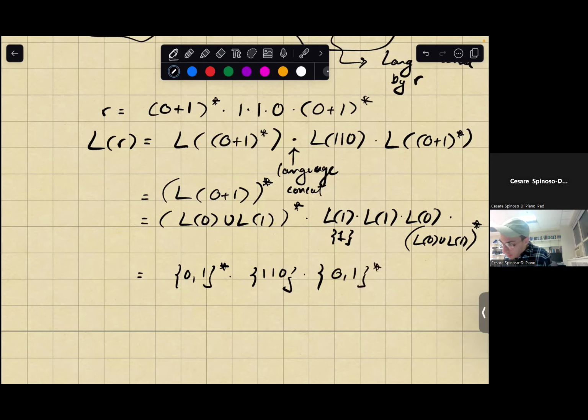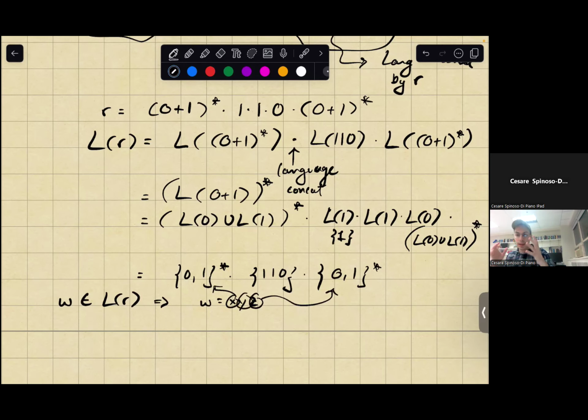Now we can just recognize this as language operations. So W in L of R just means that W is broken down into 3 pieces. W is XYZ, where X is from (0, 1) star, in other words, it's any string. Z is also from (0, 1) star, in other words, it's any string.